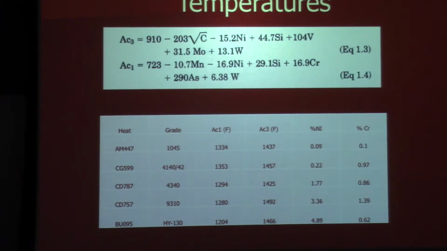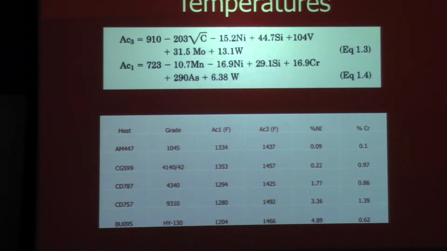There are others available, but these are some that are common. You can see which elements are most heavily weighted in those equations. Nickel is pretty significant. In fact, I would say that nickel is probably one of the most significant elements with respect to changing the start of the austenite transformation.